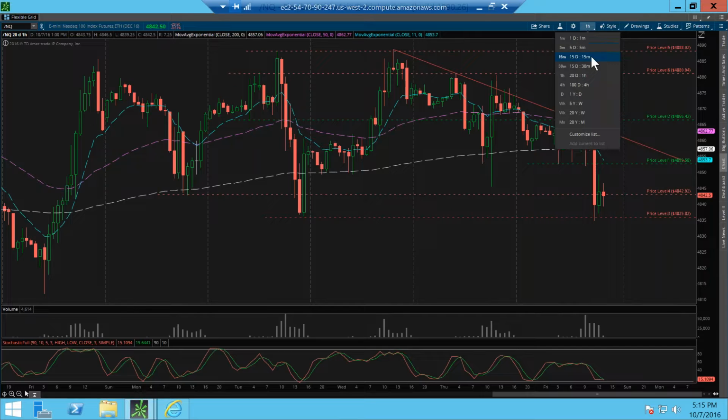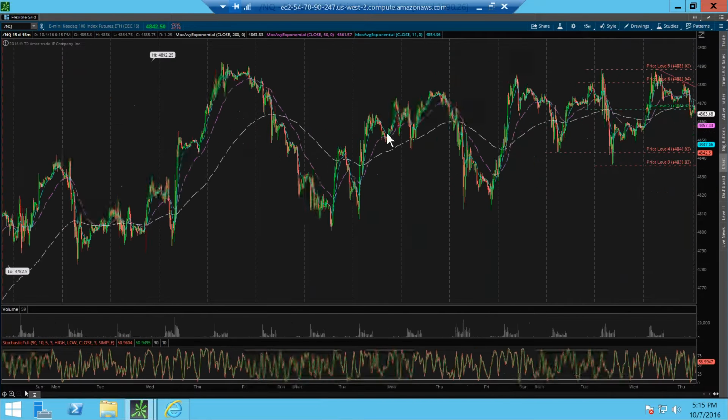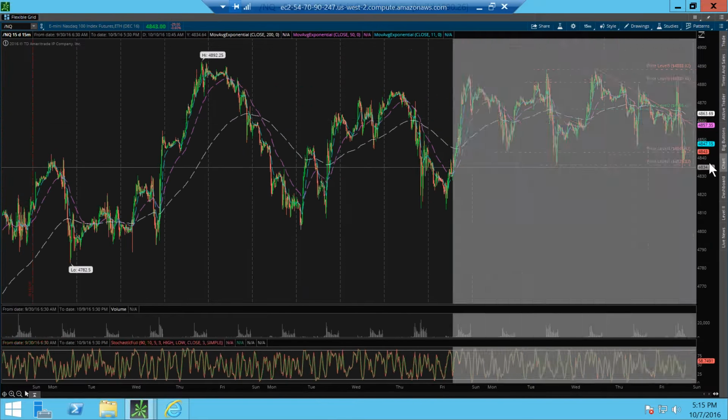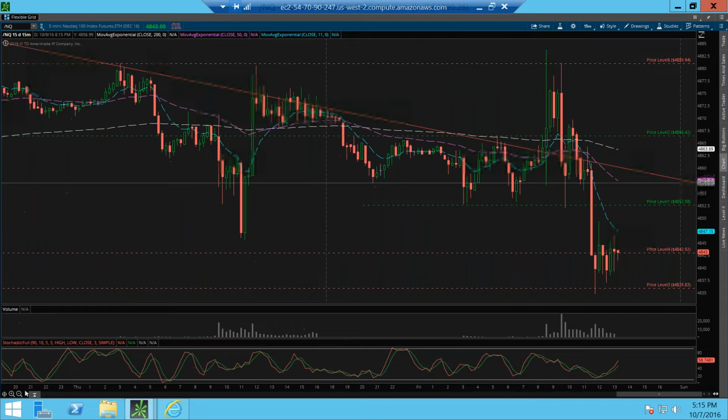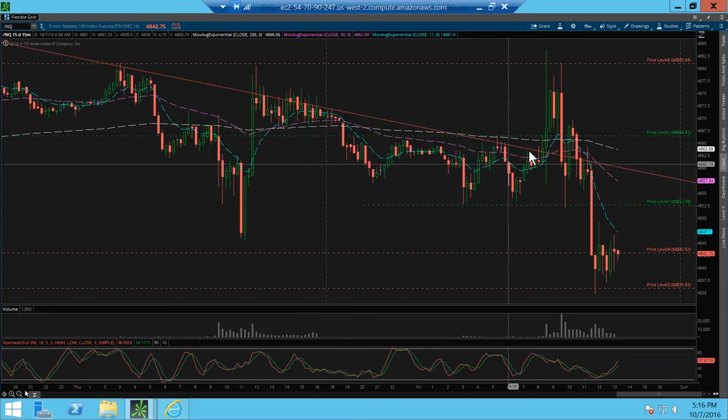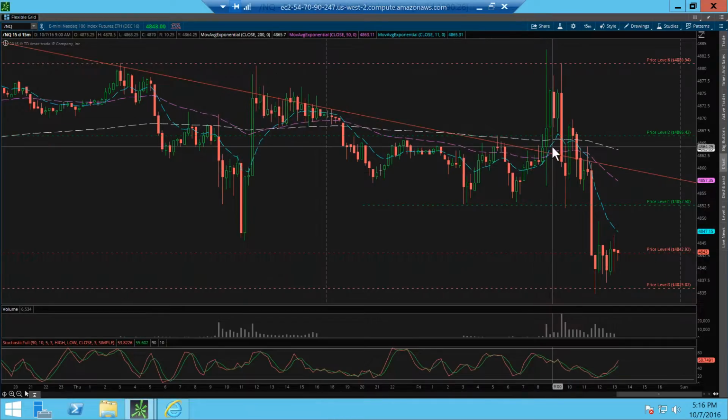Now what that means is, if you take a look on a lower time frame chart, this is where the market was just before that 8:30 announcement. You can see that this was the news announcement.